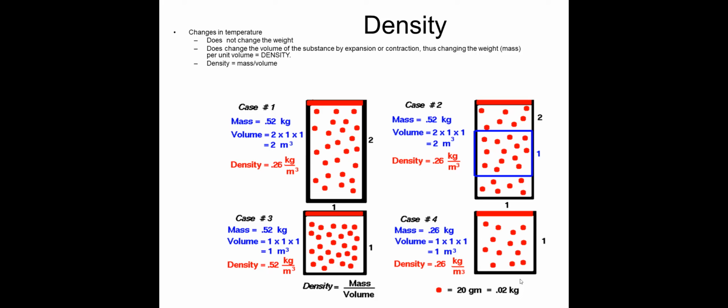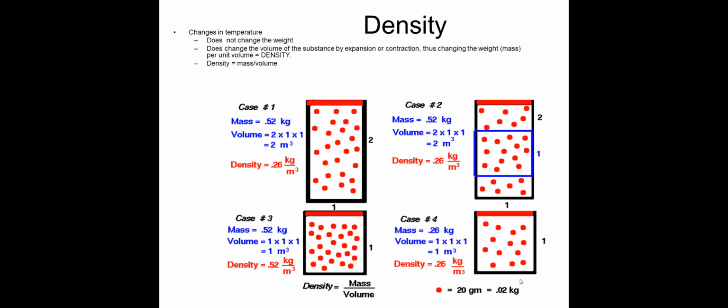If we look at case 2, we're just looking at a certain area of the container. The mass is still 0.52. The volume is still the same, and the density comes out to be the same.